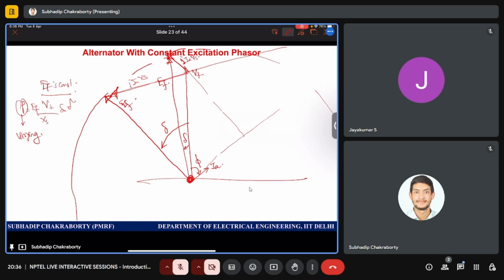But now you see IA XS length has also increased. But XS is same. So IA is increased. But how will IA look? Because if IA was like this, IA XS became like this. So if now IA XS is more and like this, how will IA look?